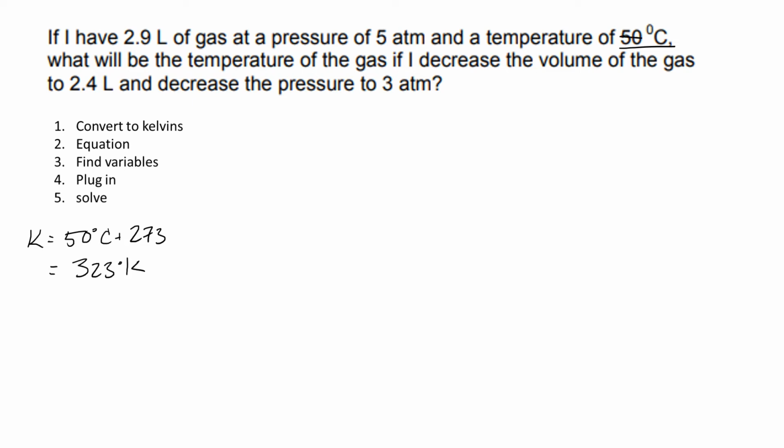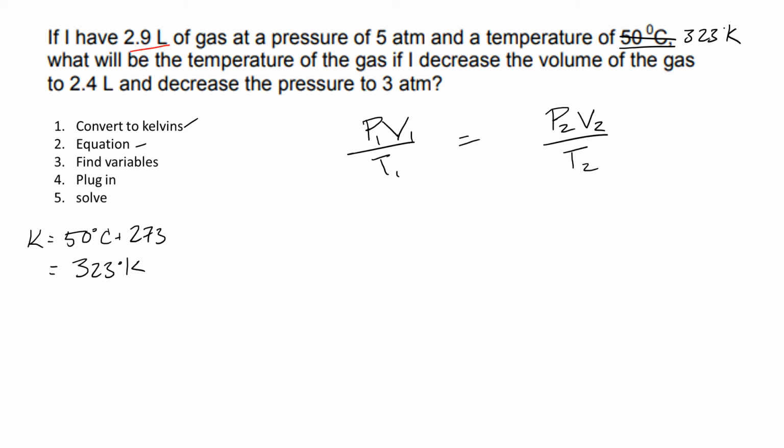So here, let's cross this out. 323 kelvins. Fine, I converted to kelvins. Our equation once again is our combined gas law. PV over T is equal to PV over T, 1, 1, 1, 2, 2, 2. Done.